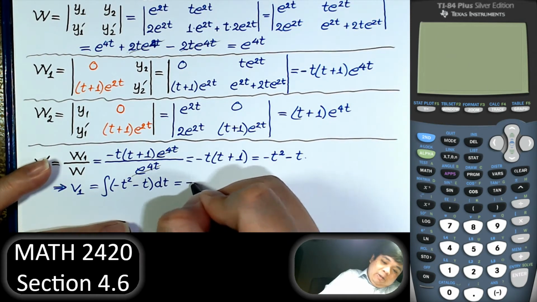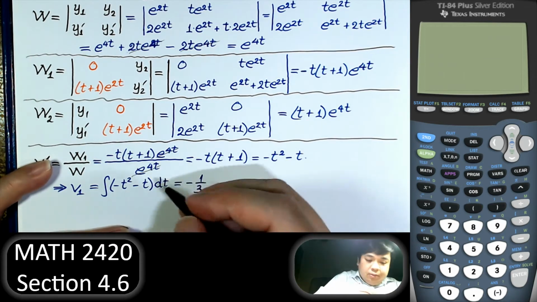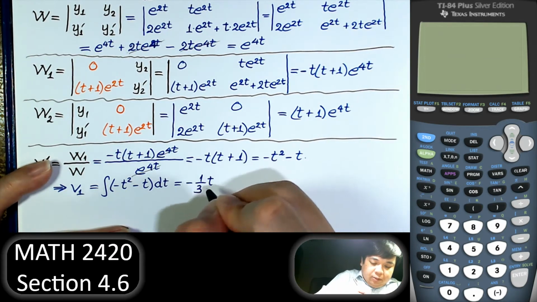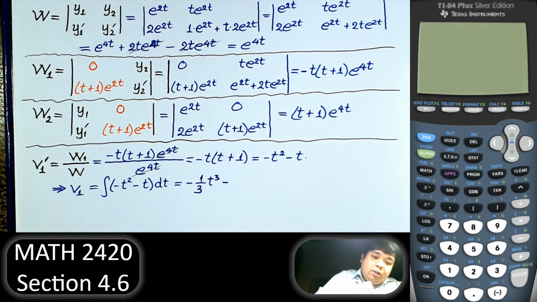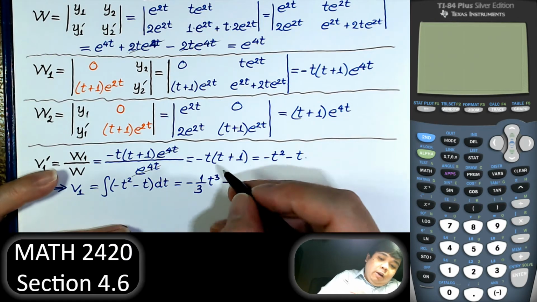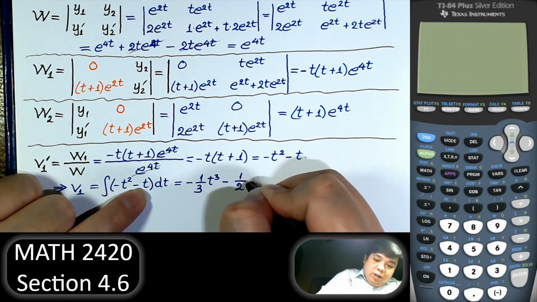That will be negative 1 over 3 t cubed minus 1 over 2 t squared.